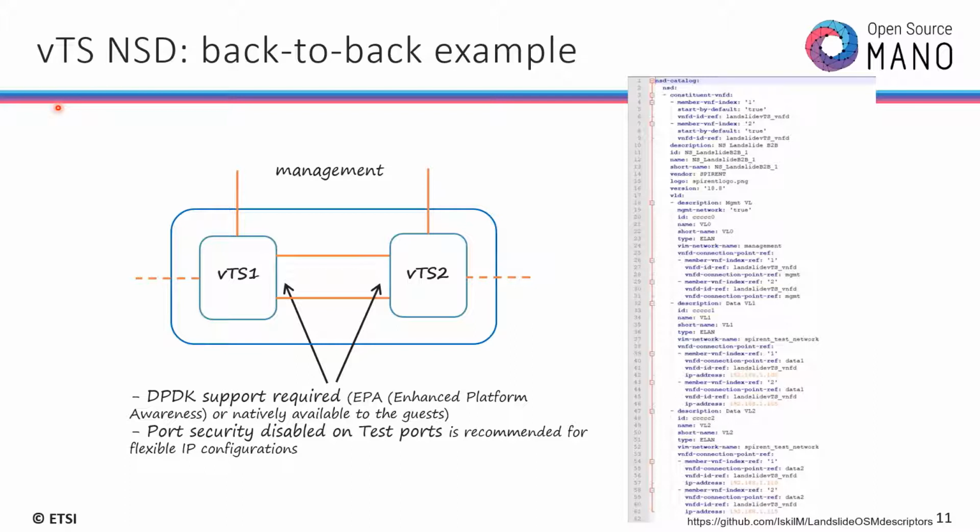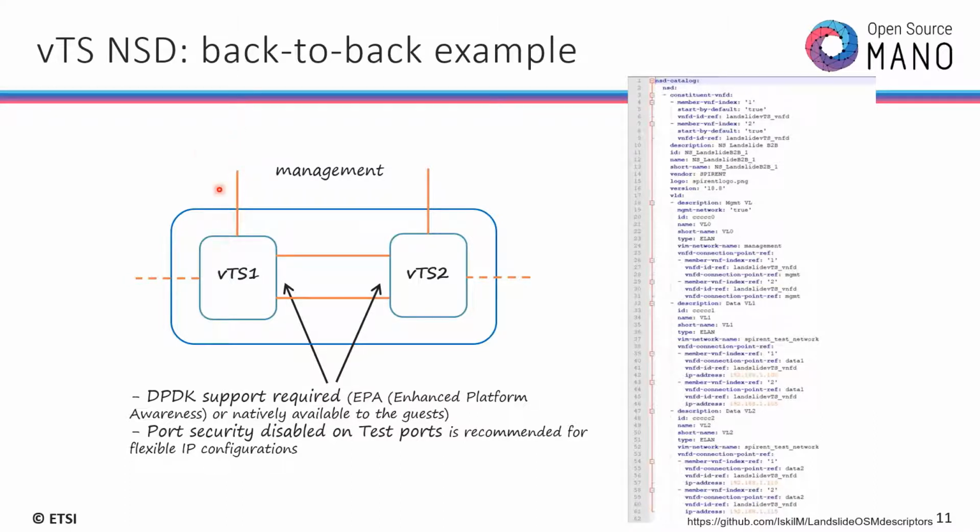This slide shows a network service descriptor of a very simple back-to-back example. So in this case, it's a network service of a virtual TSC, assuming that the virtual task has already been deployed somewhere, and you basically have two types of networks.